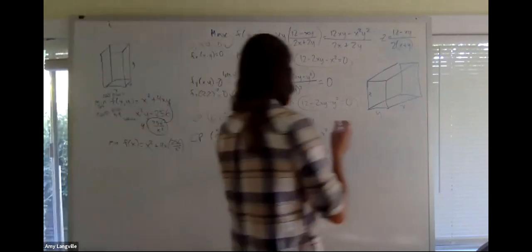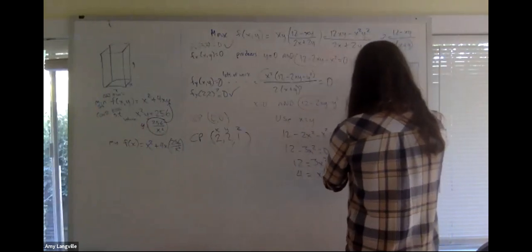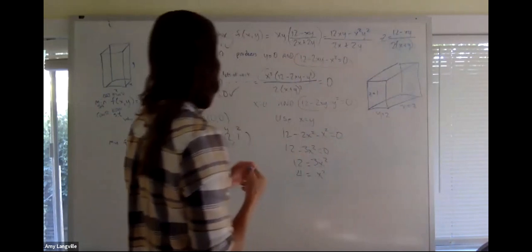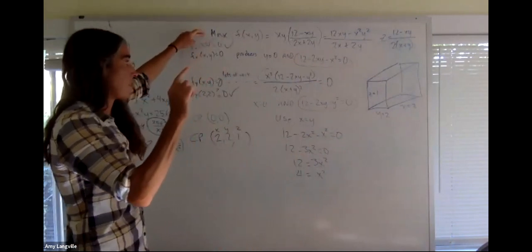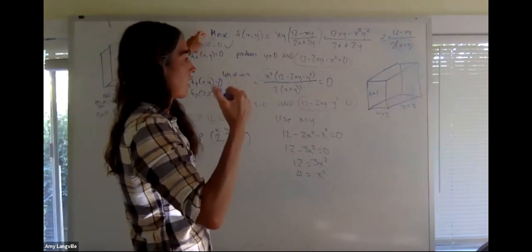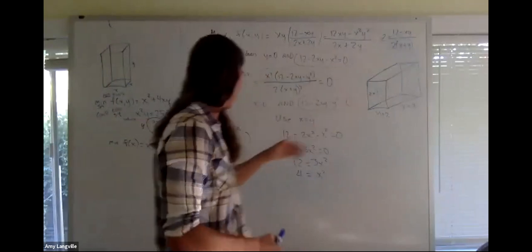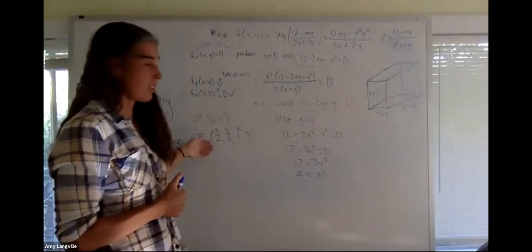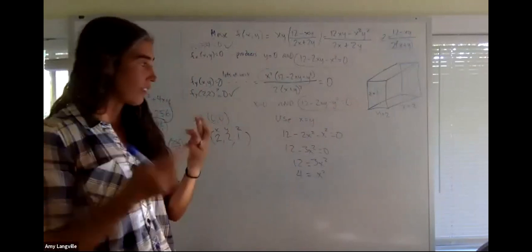So we have that these are what we're thinking are the dimensions for this box that maximize the volume. We're trying to maximize the volume subject to the fact that the surface area had to be 12, right? And so this is the only other candidate we have, because (0, 0) didn't make sense. This is the only other CP that we have. So we're really hoping that it is a max.